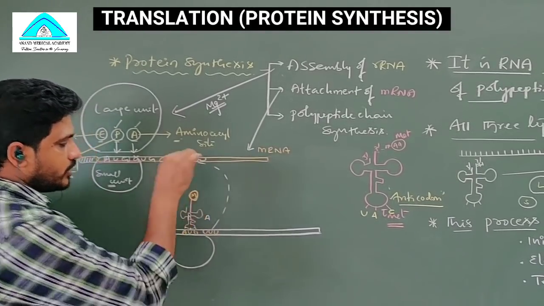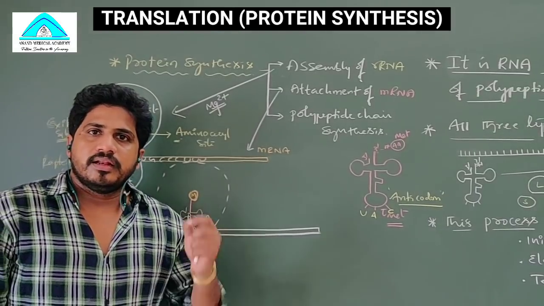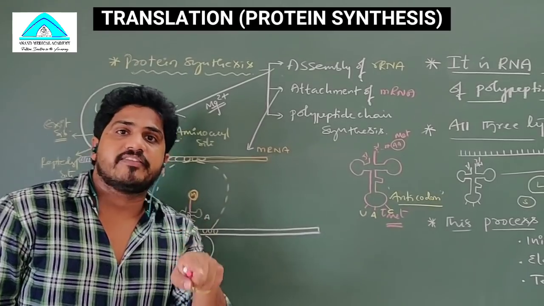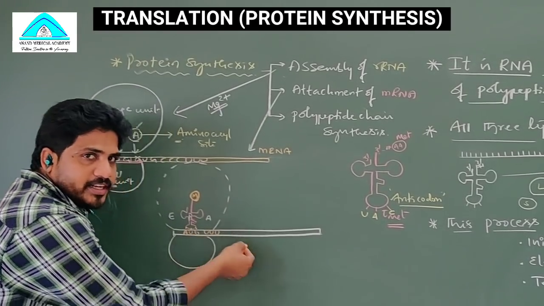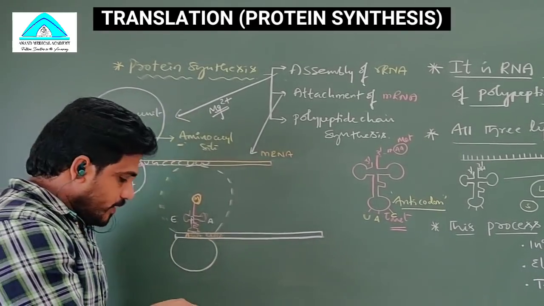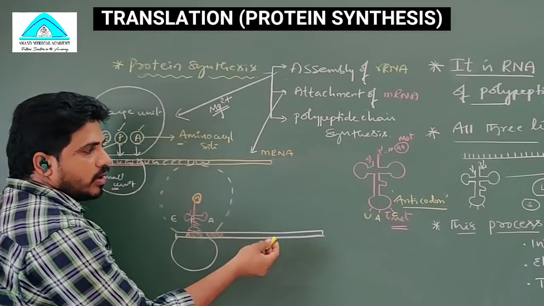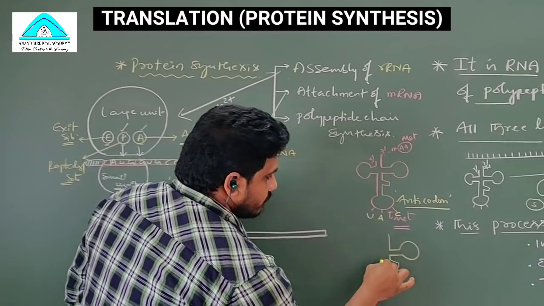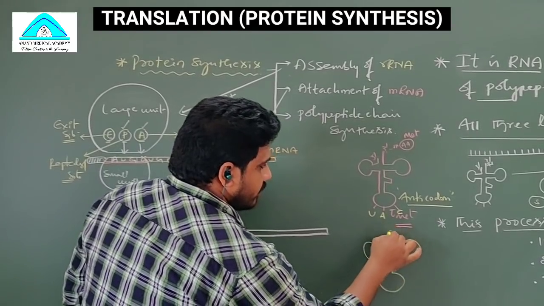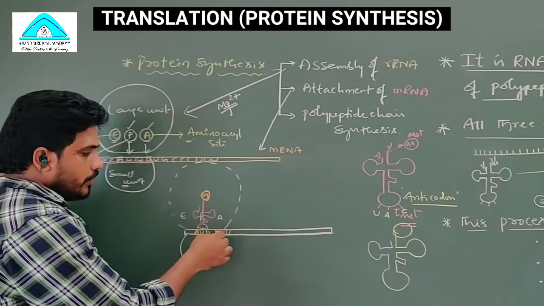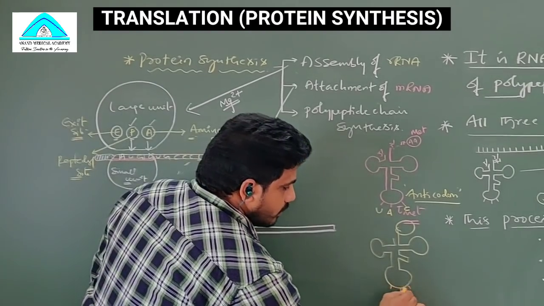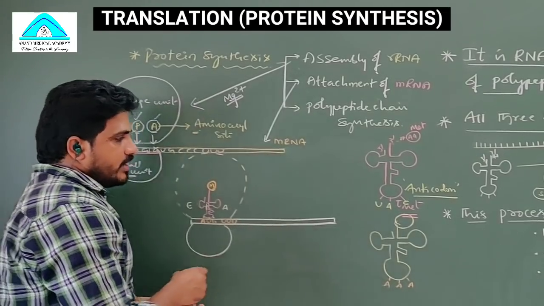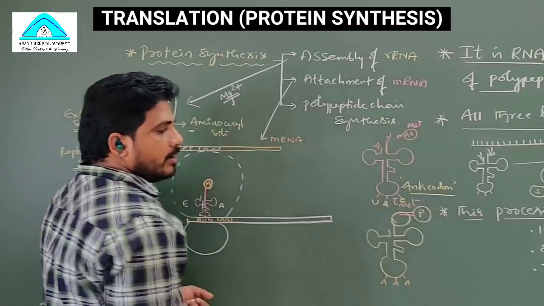What is that? Methionine. Next, the second tRNA brings another amino acid according to the sequence of the genetic code after the first, the starting codon. So U opposite, what will be there? If you take the anticodon of another tRNA, U opposite, A will be there, which means phenylalanine will be present.